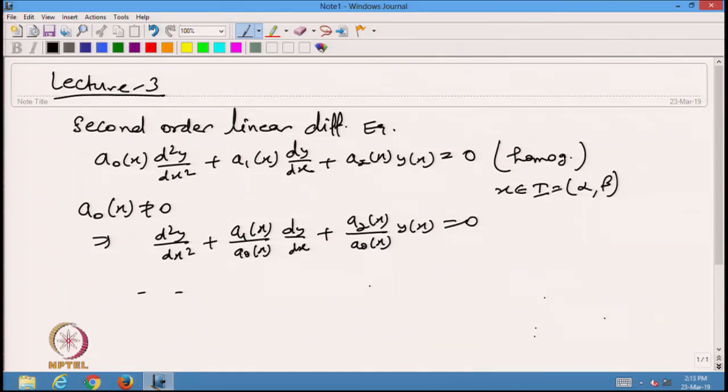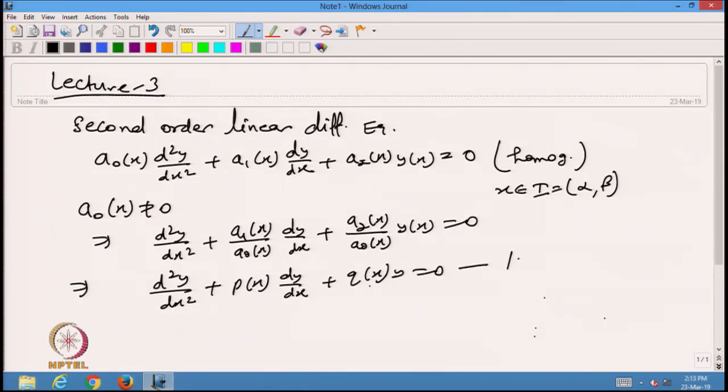I give it a new name, so I can write it as d square y over dx square plus p(x) dy by dx plus q(x) y equal to 0. This is my equation, I call it 1a.